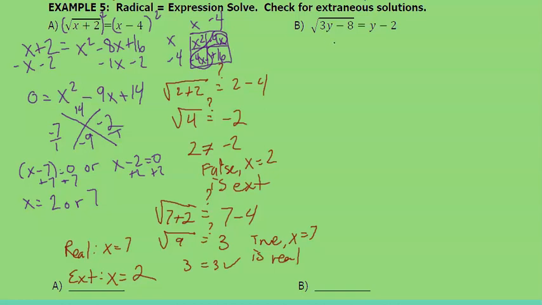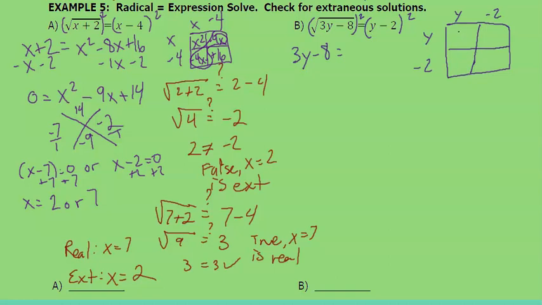B. The square root of 3y minus 8 equals y minus 2. Exponentiate each side by 2. And you get 3y minus 8 on this side. And then let's do the box method to multiply out the y minus 2 squared. So it's squared, so we're going to have two sides that are of equal length.